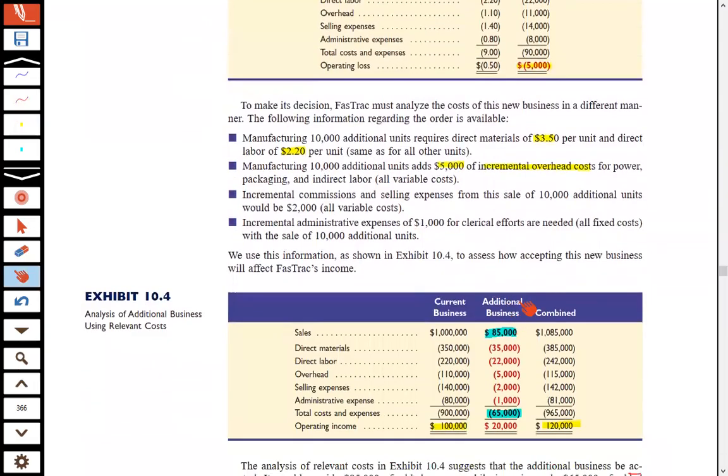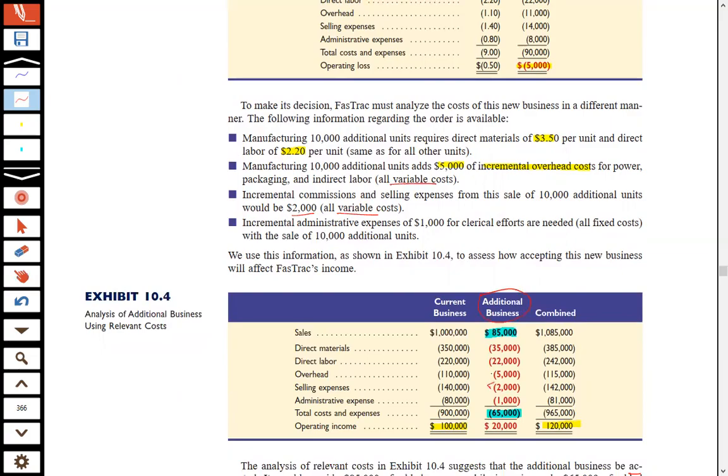Additional. We are just doing the accounting, or we are doing the analysis of what? Additional. So we don't look at the 1.1 rate for the overhead. Yes, definitely. We look at the 5,000 that's given, the additional that we are incurring. Incremental commissions and selling expenses of 10,000 units would be 2,000, all variable cost.